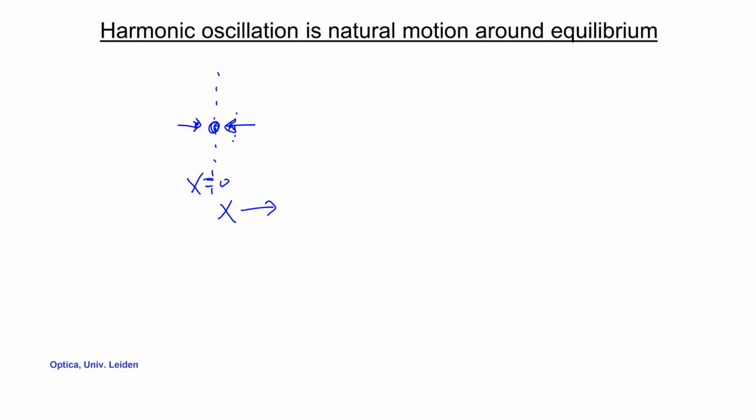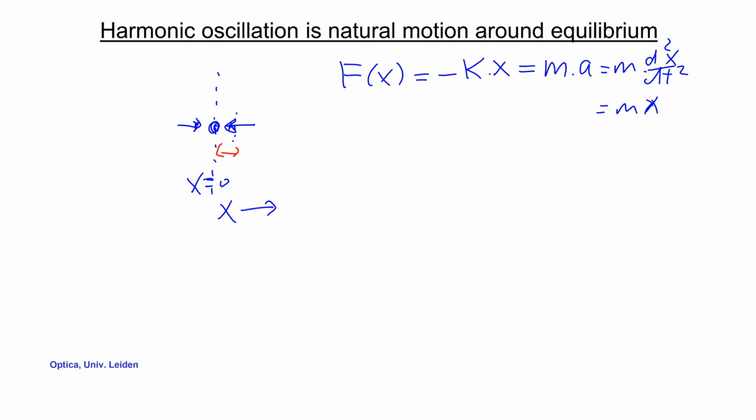And if you wonder what is a logical force for the object to go back, the most logical one is that the force is proportional to the displacement from the equilibrium. So this is a logical equation, and then if you think about Newton's law, this force is equal to the mass times the acceleration of the object, so it's equal to the mass times the second derivative of the position with time, or in another notation, x double prime.